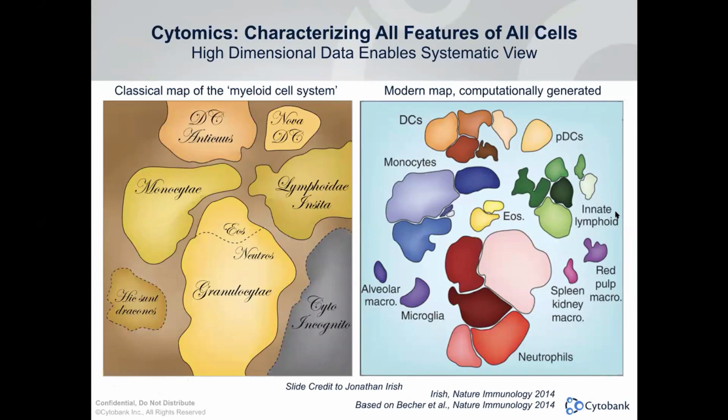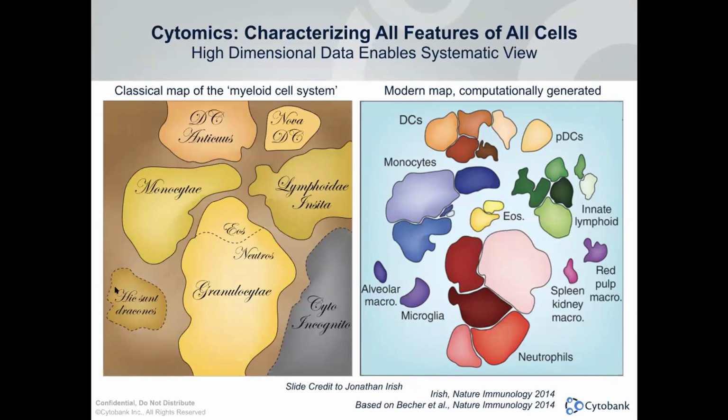In the field of single-cell analysis, cytomics has been used quite often in recent years with the development of cell analytical tools, whether flow cytometry, mass cytometry, or genomic tools. We are now able to measure all features of all cells within our biological system.